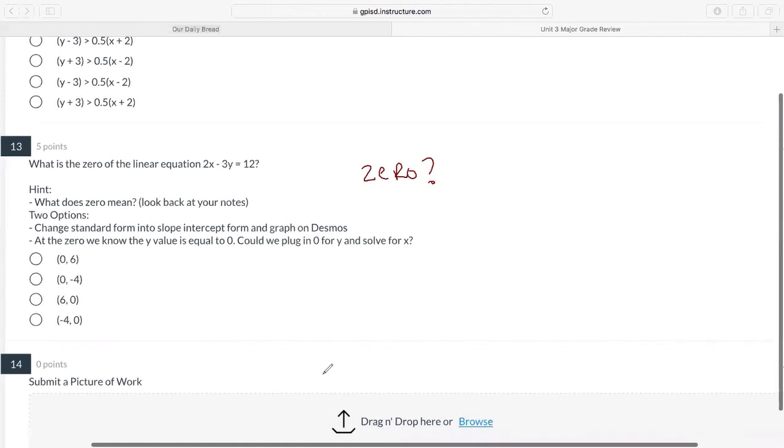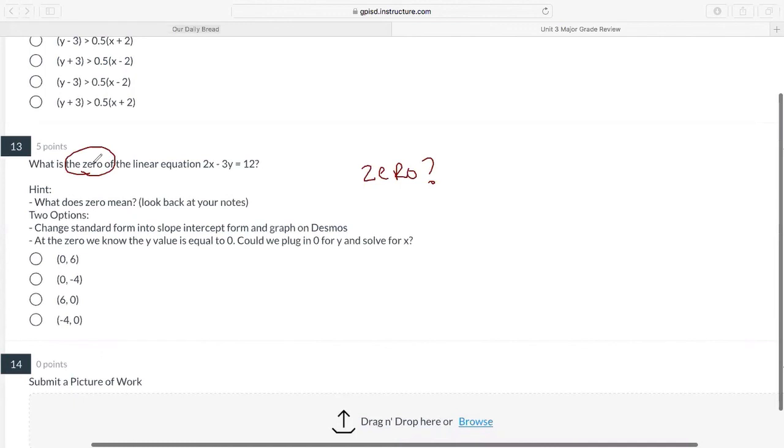So the question is asking, what is the zero of the linear equation 2x minus 3y equals 12? I'm asking, what is it asking? What is a zero? What is it asking for? Is it asking for the y-intercept? No. Not the y.